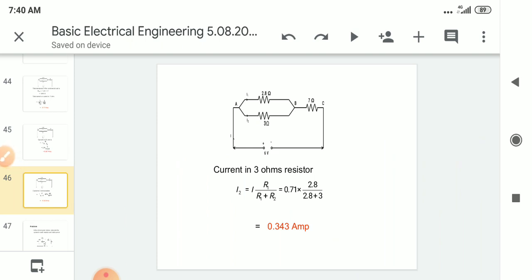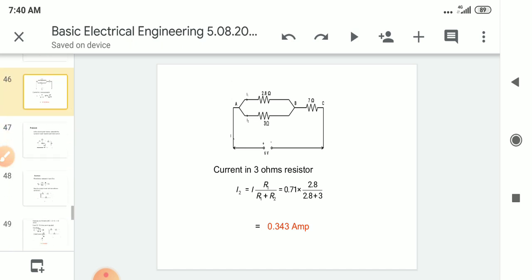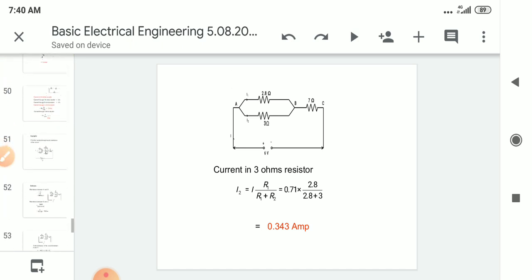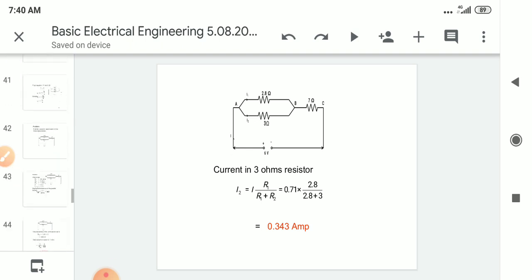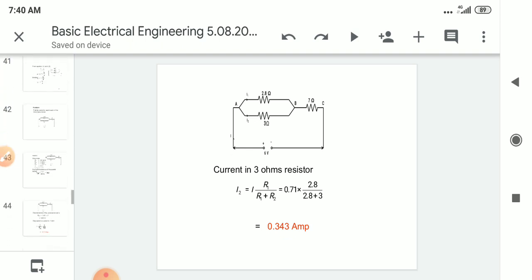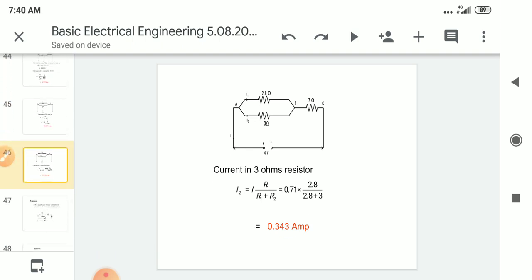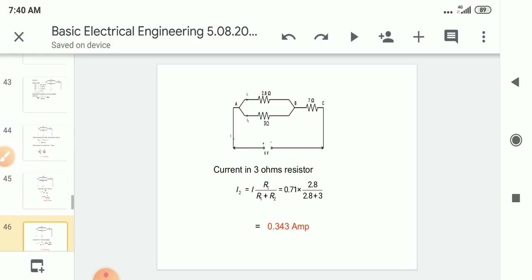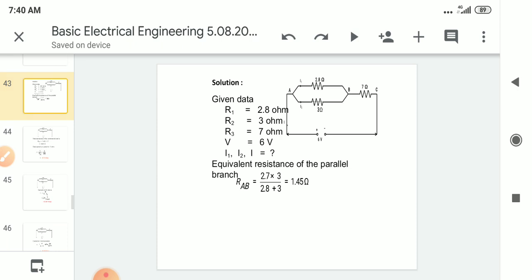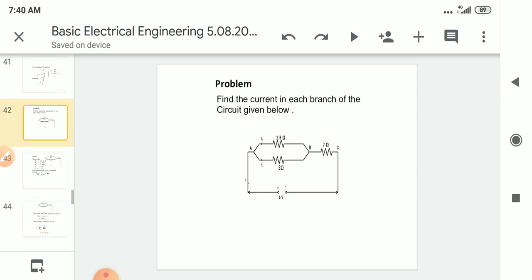So by using the current division rule, we are able to calculate these problems. This type of method most probably comes in our competitive exams and your semester exams also. This is very much important.